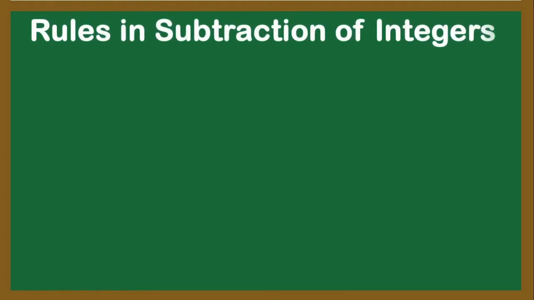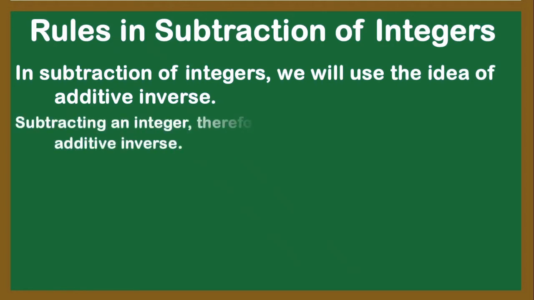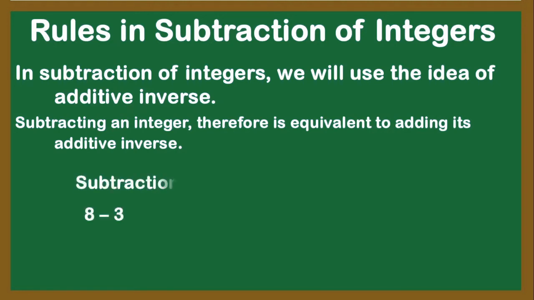This time, let us take the rules in subtraction of integers. In subtraction of integers, we will use the idea of additive inverse. Subtracting an integer, therefore, is equivalent to adding its additive inverse. Let's say the subtraction sentence 8 minus 3.